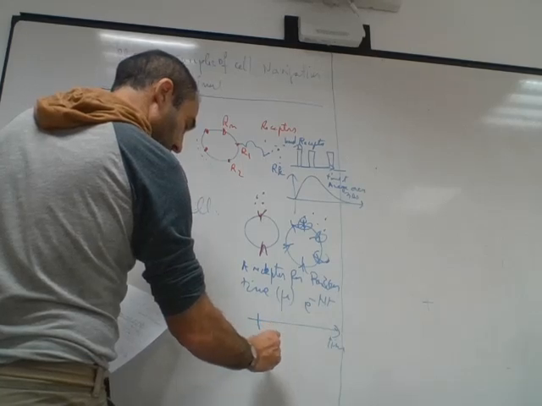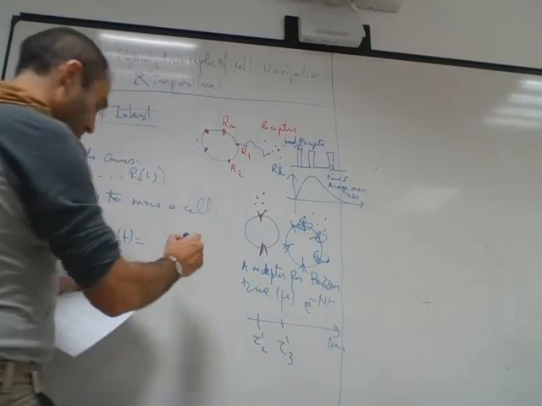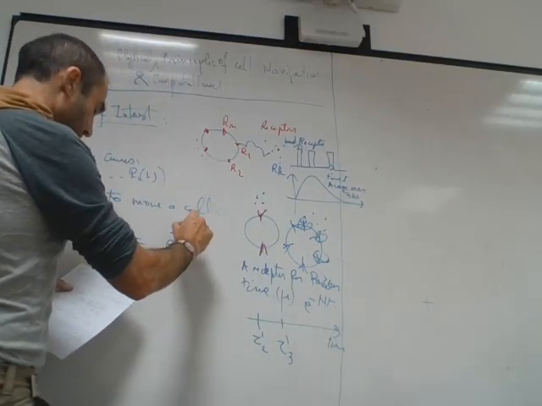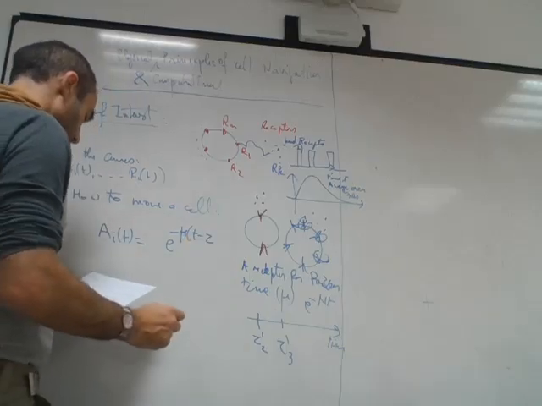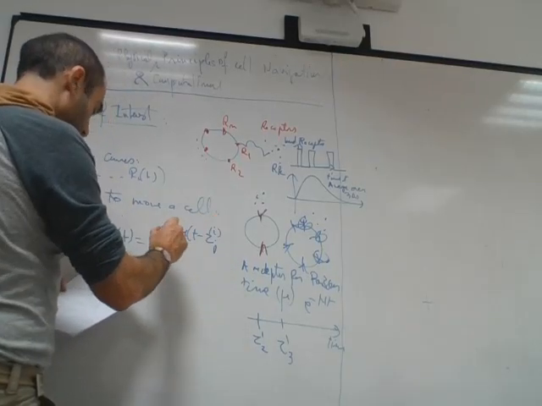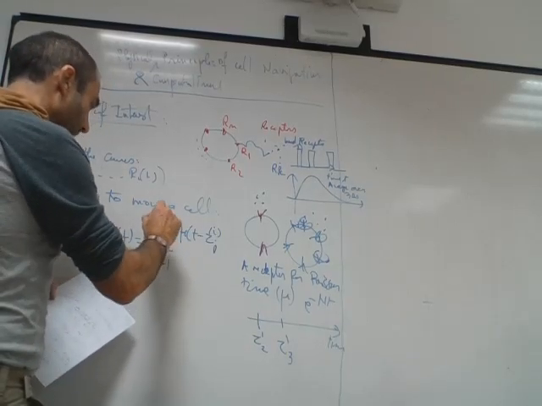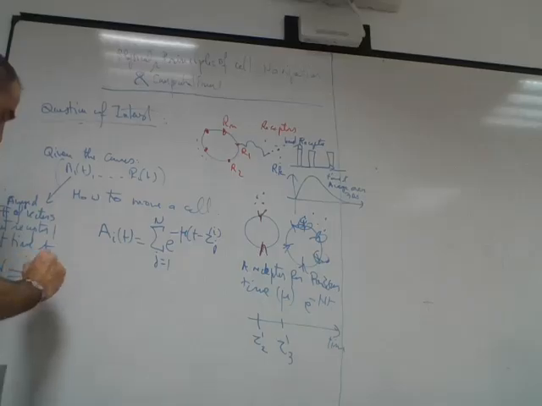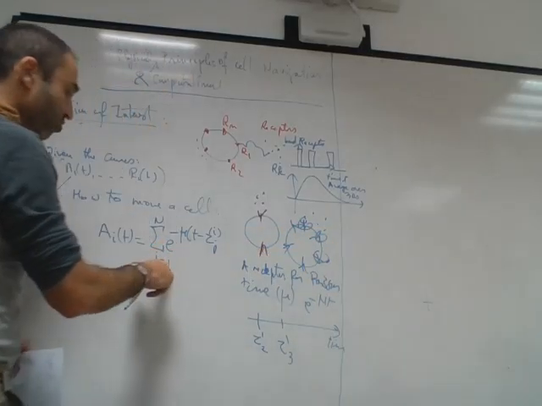For receptor 1, it could be at time 2; for receptor 1, it could be at time 3, and so on. Then you want to average over receptors. So I take one of the receptors, an event that occurs at time j for receptor i, and you sum over all the receptors from j equals 1 to n, where n is the number of receptors. For example, here we have 1, 2, 3, 4, 5, so this would be 1 to 5.